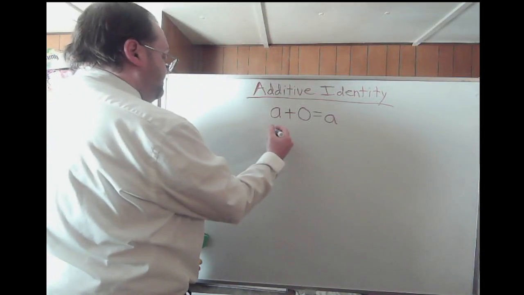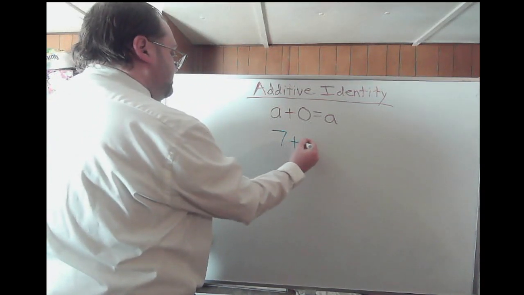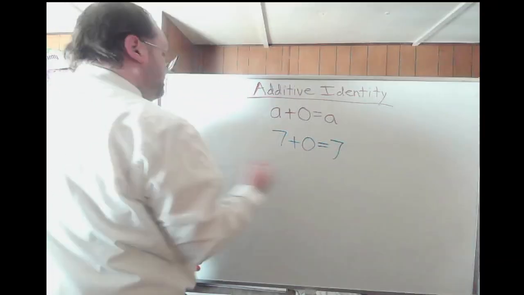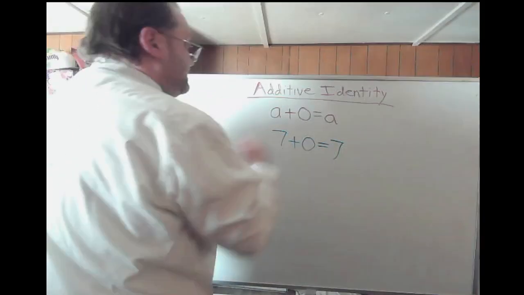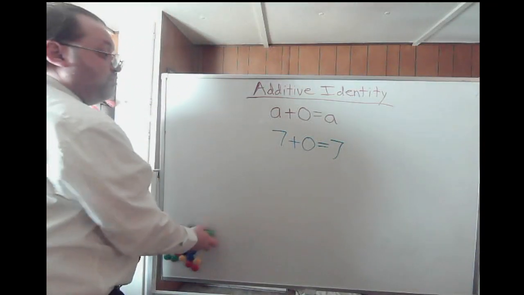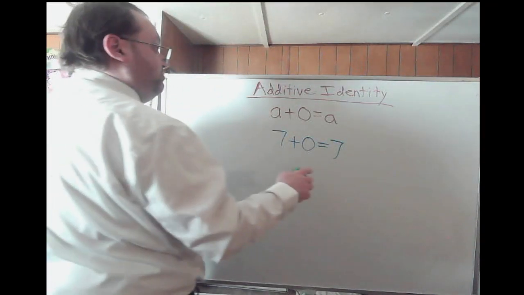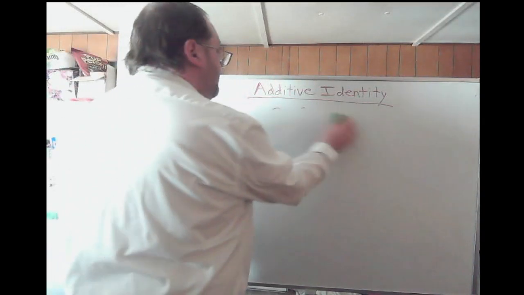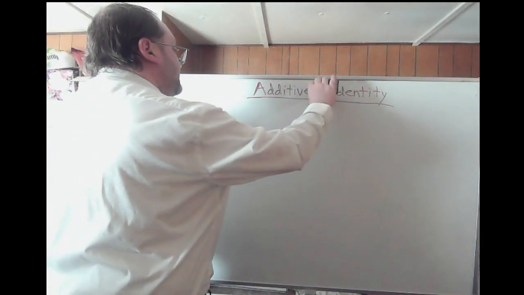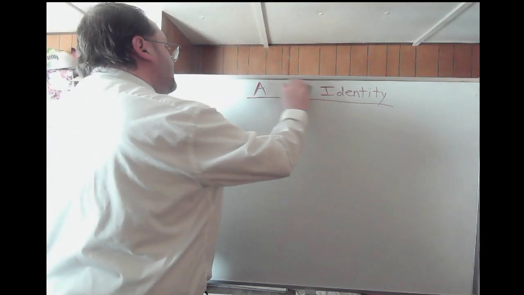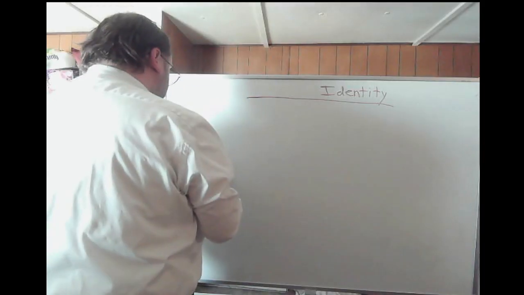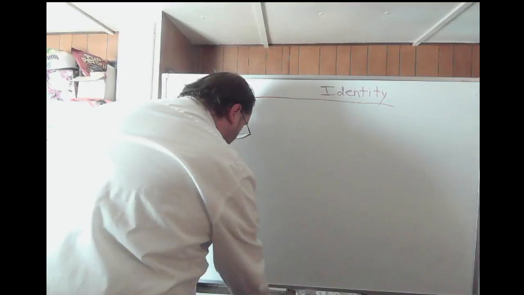Let's say I have 7 plus 0. Any number plus 0 is that number. So that's the additive identity. Any number plus 0 equals that number back. I don't think we need to spend a bunch of time on that. I think that one's pretty self-explanatory. Any number plus 0 is, in fact, the number back.